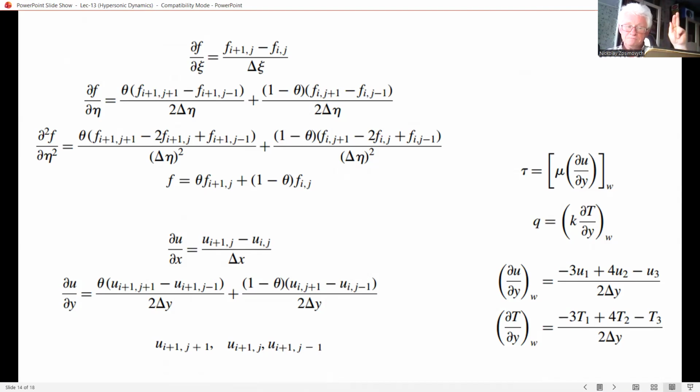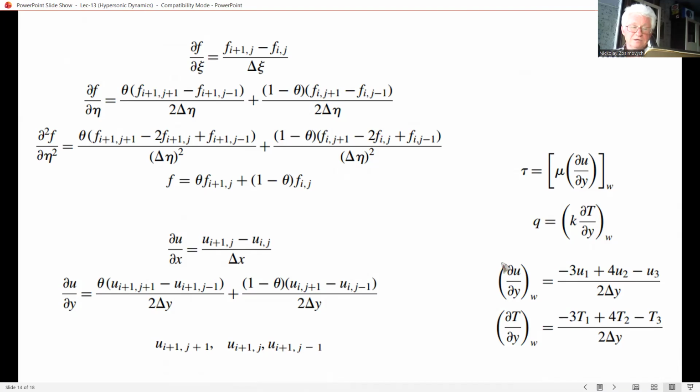And third, once the boundary layer profiles of u and T are obtained, the skin friction and heat transfer at the wall are determined by these two equations on the right side at the bottom. Here, the velocity gradient can be obtained from the known profiles of u and T by using a one-sided difference equation like this one at the bottom.